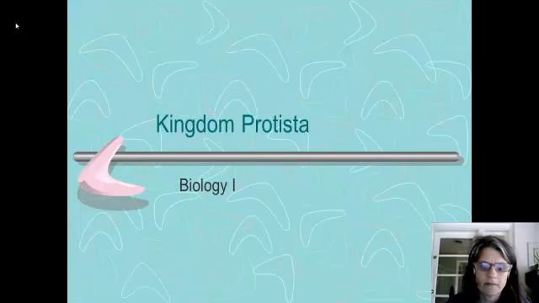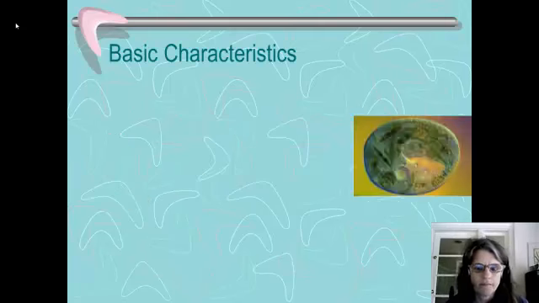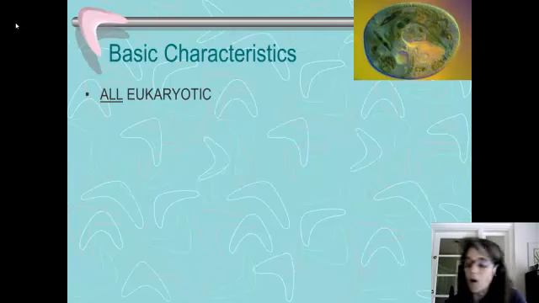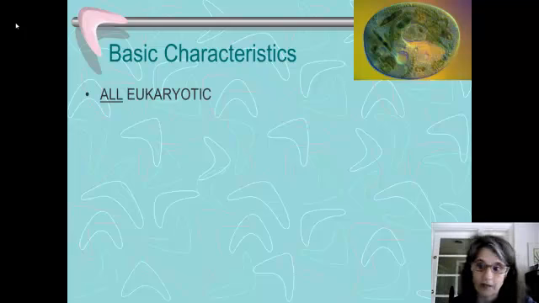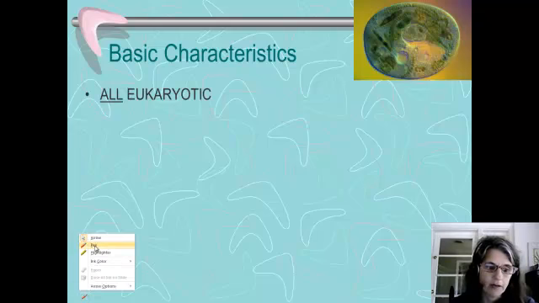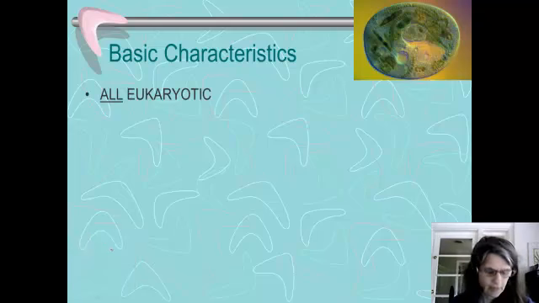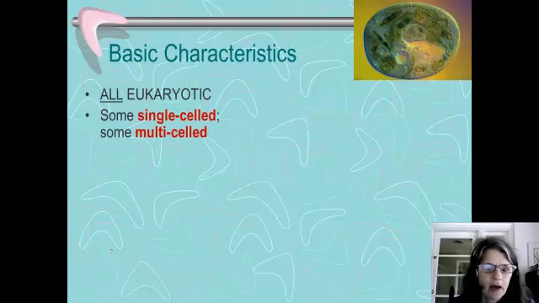Okay? Kingdom Protista, you already know some of the basics about it. First of all, they are all eukaryotic, and in fact, that is one of the few things that all protists have in common. They are all eukaryotic organisms. There we go. We already know that there's a lot of variety in here because it's kind of the junk drawer of classification.